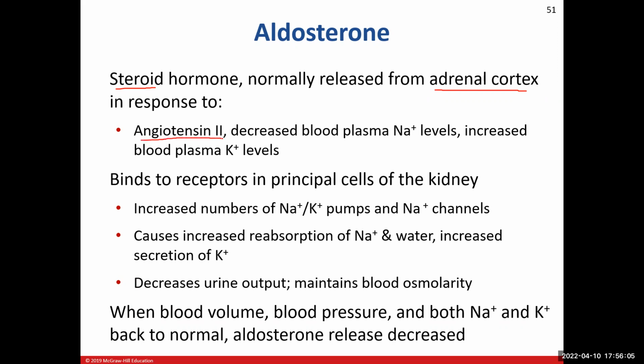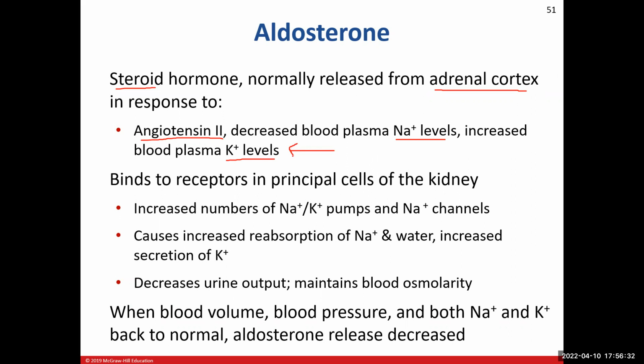Angiotensin II is going to be one of the things that will trigger the release of aldosterone. If we see a decrease in sodium levels in our blood, or if we see an increase in potassium levels in our blood, and that one is the big trigger for aldosterone. Increased blood potassium levels. That plays a big role here.